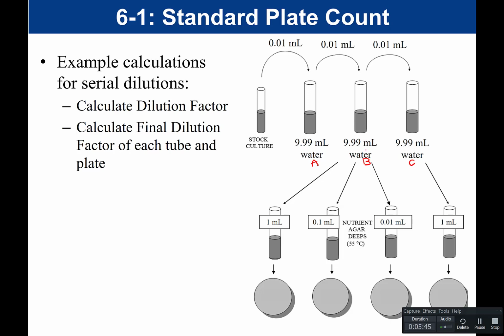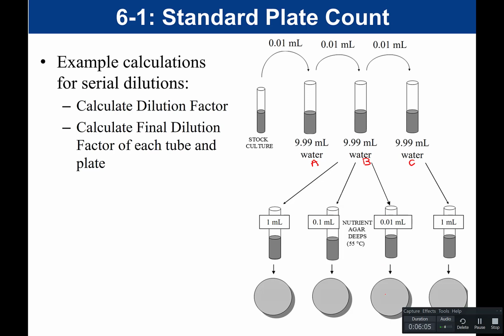So if I take from tube B and I transfer 1 milliliter, what would my final dilution be on this plate? Or if I take from tube B and I transfer 0.1, what would my dilution be on that plate? If I take from tube B and I transfer 0.01, what would my final dilution be on that plate?